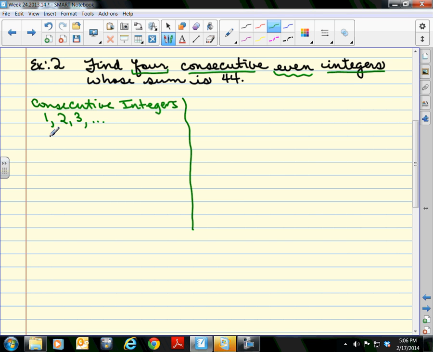And so if I don't know what the first one is, we'll put an x. And how did I get the second one in this sequence from the original 1? So what do you do to 1 to get 2? Add 1. So to get the second number in this sequence, I'm going to add 1 to the first number in the sequence. So x plus 1.